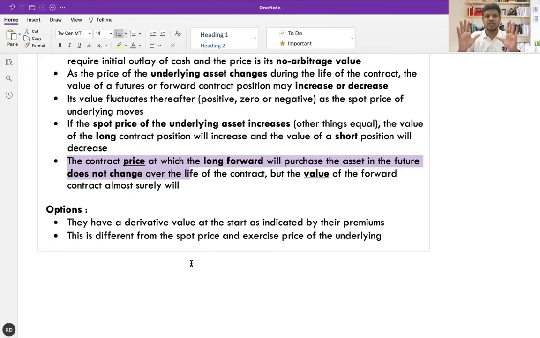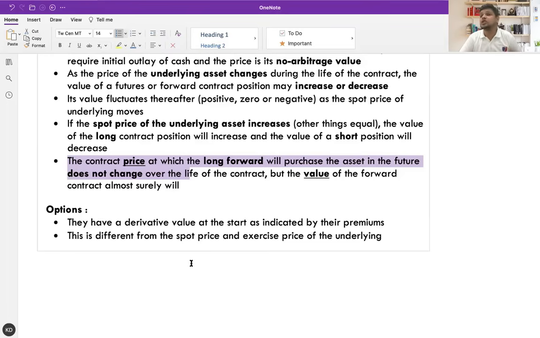That's not going to change. But the underlying asset's value will keep on changing, and that will create a beneficial position or loss for me. So, a very important conclusion: in derivatives, when you enter into the contract, the price is fixed. It's not going to change, but the value may be changing either in your favor or in my favor. Is that clear? Yes.